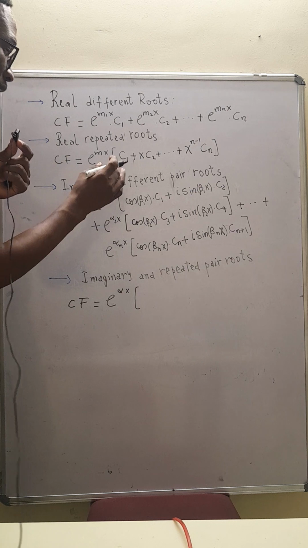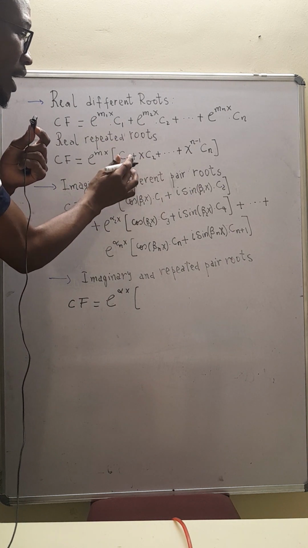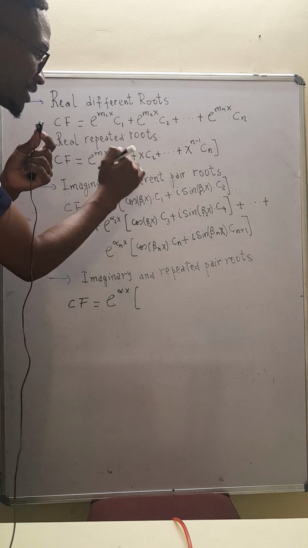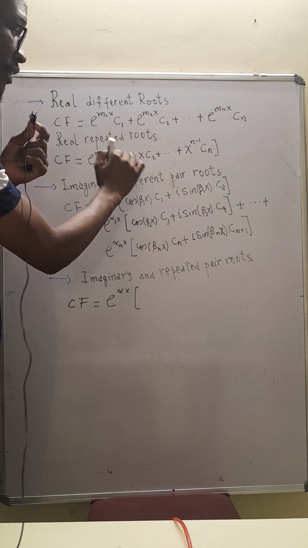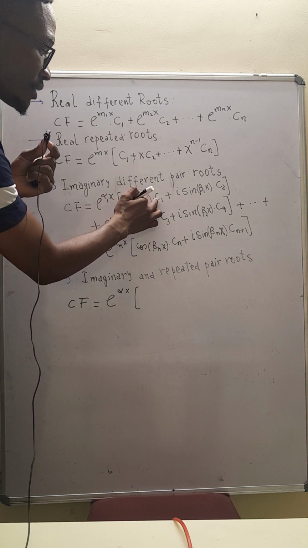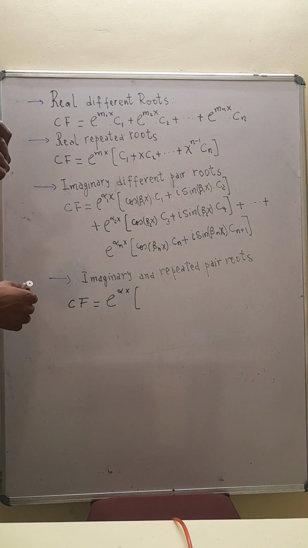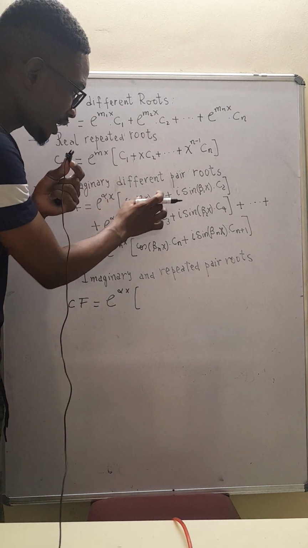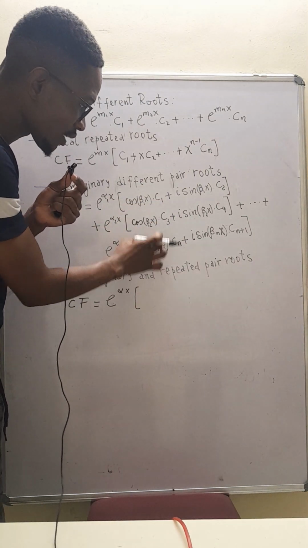So the same concept that we applied for repeated roots that are real, the way the arbitrary constant changes, is the very same way it will change here. And this change will be seen in this portion for cosine and for sine.